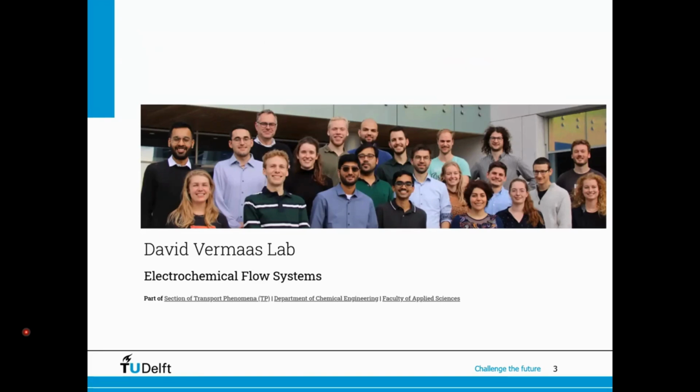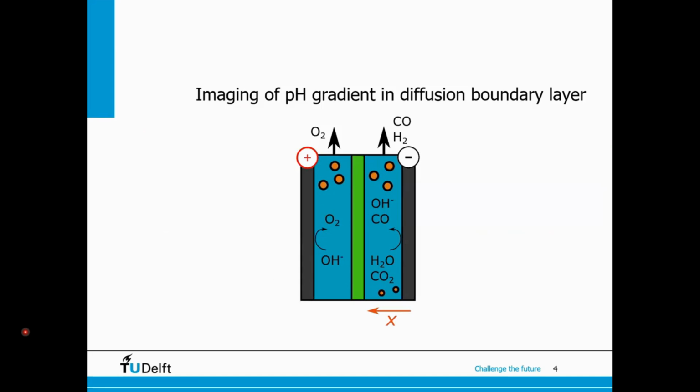So in 2020, we were granted an ERC to enforce breakthroughs on transport limitations in electrochemical reactors. And that's a mouthful, but let's try to make this a little smaller.